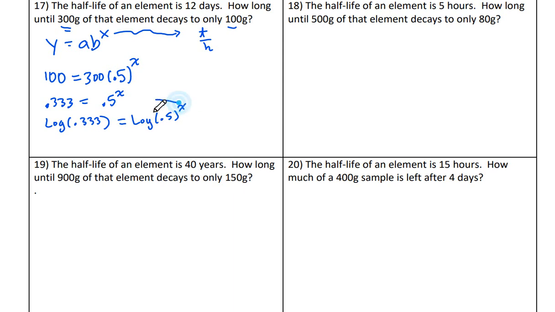When we log both sides, this exponent comes out to the front. So I'll get log 0.333 equals log 0.5 with an x out here. Now I can divide by log 0.5.